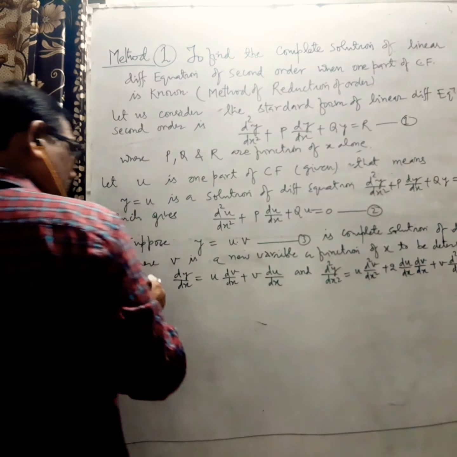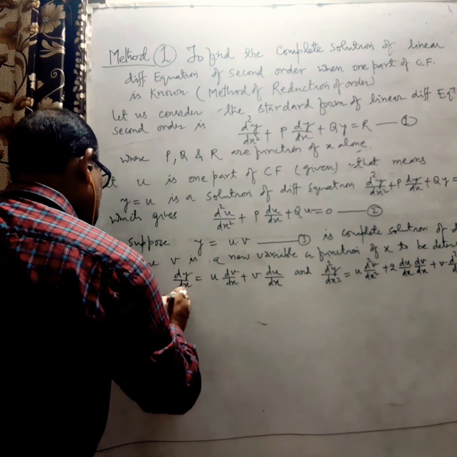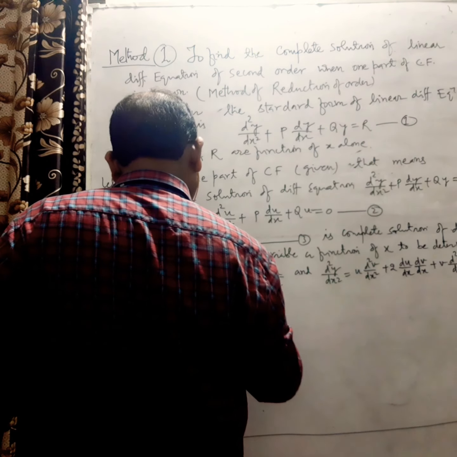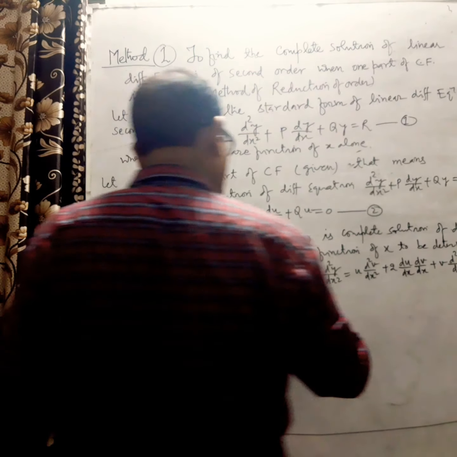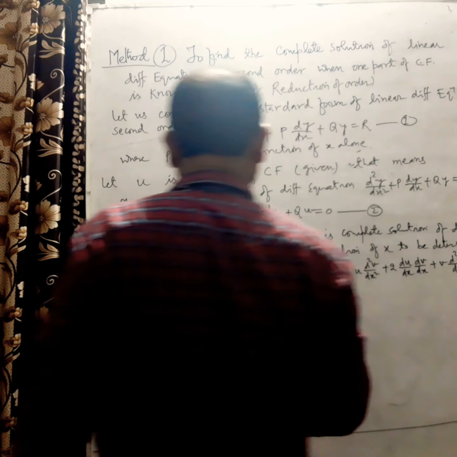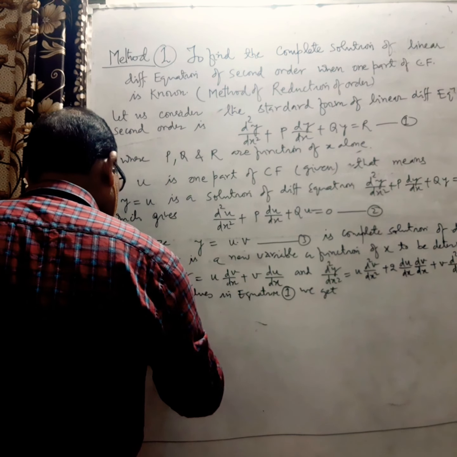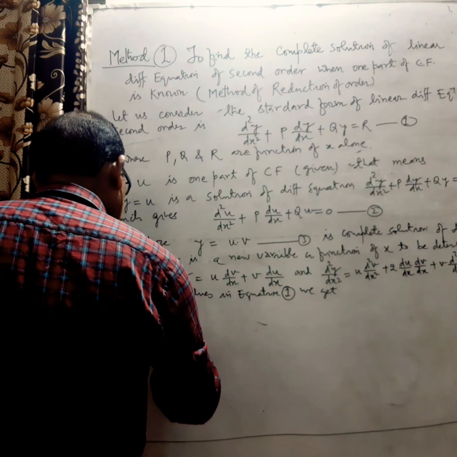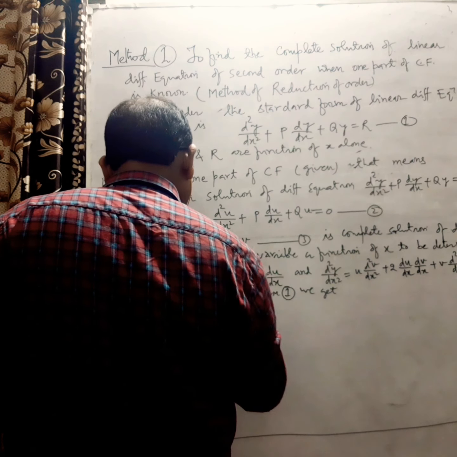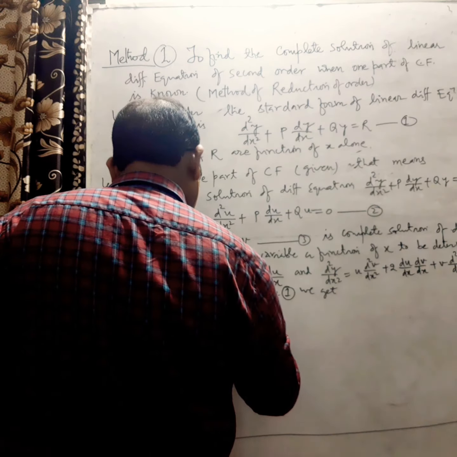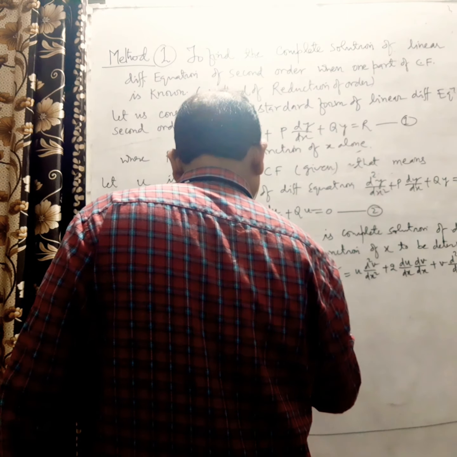So putting these values in equation 1, we get u d2v upon dx square plus 2 du upon dx into dv upon dx plus v d2u upon dx square.